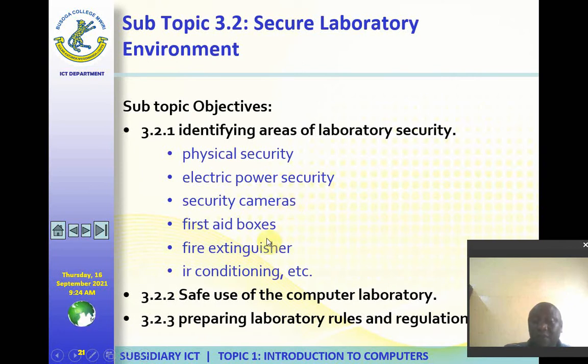We shall look at the first aid boxes, the fire extinguishers, and then the air conditioning. We will also cover the safe use of the computer laboratory. Expect to look at the laboratory rules and regulations.